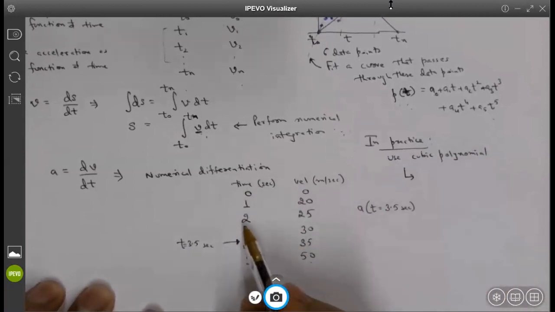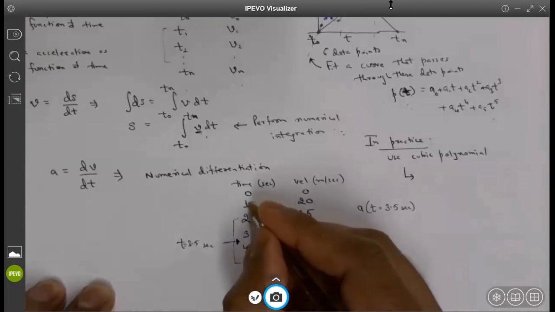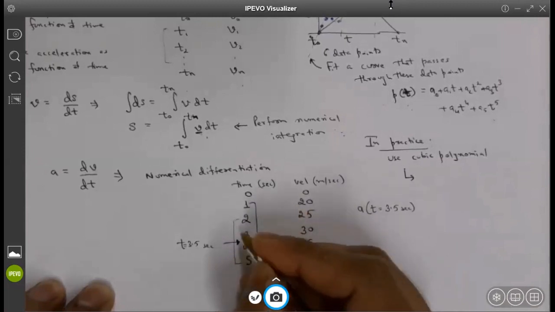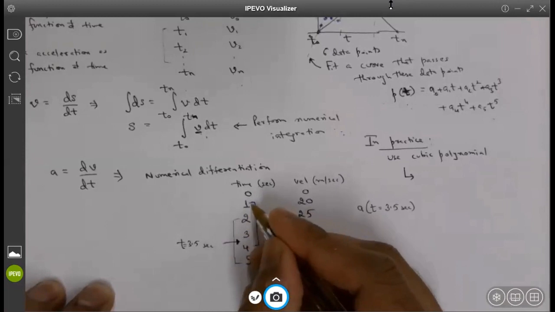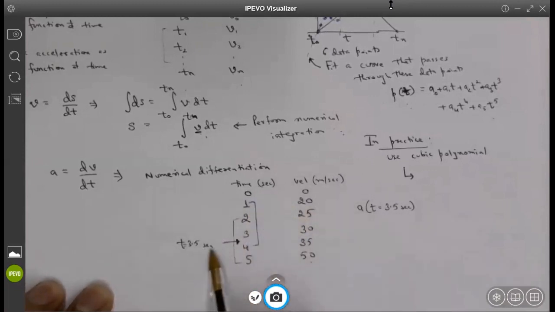Another way is to take any four data points that encompass 3.5 seconds, either this set or this set. You can fit an exact cubic polynomial through these four data points. Once you have that polynomial, you can find the acceleration by differentiating it at time t equals 3.5 seconds.